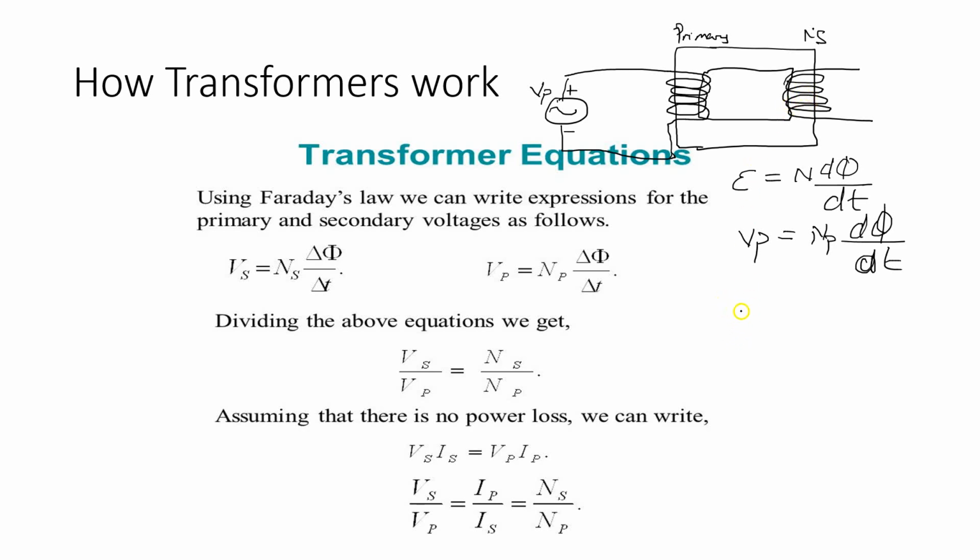So we could say that E is equal to Ns times the rate of change of magnetic flux, where Vs equals Ns times d of the magnetic flux with regard to the change in time. So if I wanted to find out my voltage on my primary, I could have used all of this information here to find it.